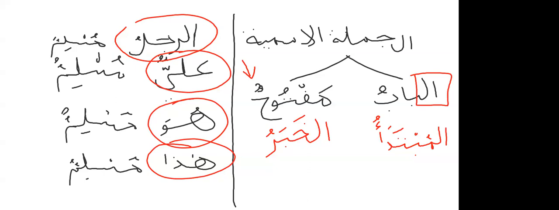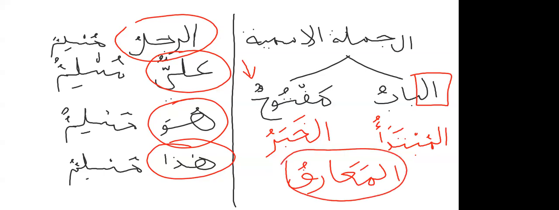The plural form of al-ma'rifa is al-ma'arifu. So al-ma'arifu can just be a title in a place on a page in your notebook. Al-ma'arifu, plural of ma'rifa. Ma'rifa is something that is definite.